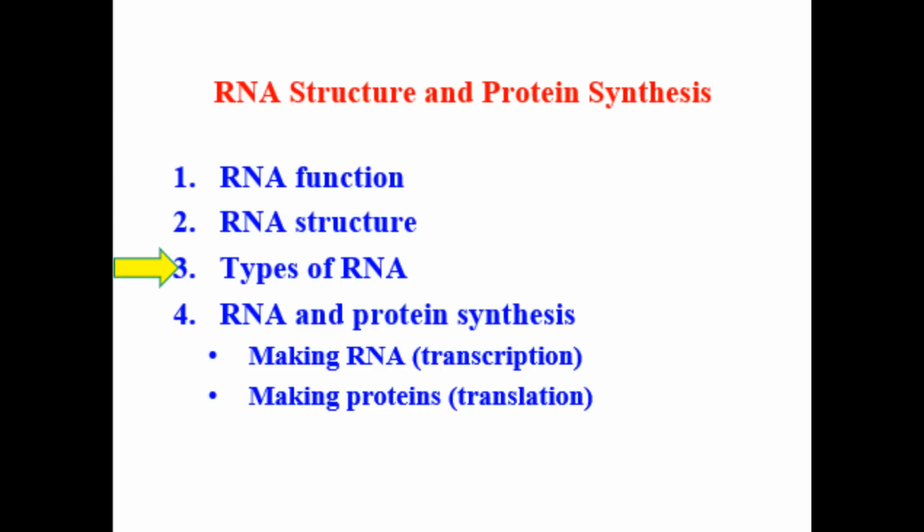With RNA, there's not just one type, but there's 3. Well, this becomes confusing for some people, and they have a hard time remembering the difference between these 3 types of RNA. So this is another one of those instances where there's a process that takes place.